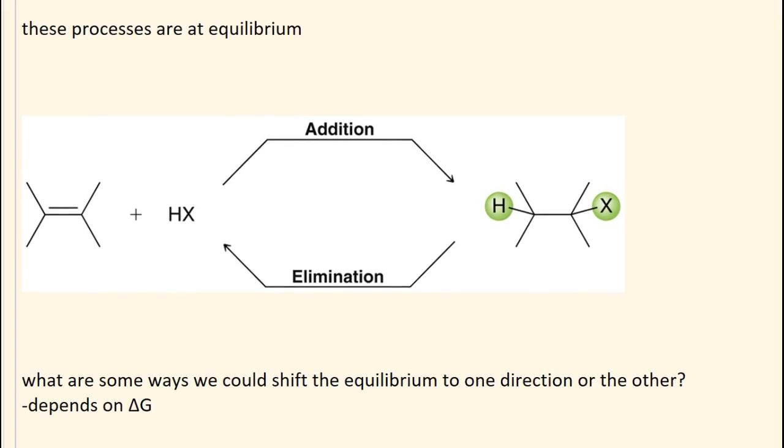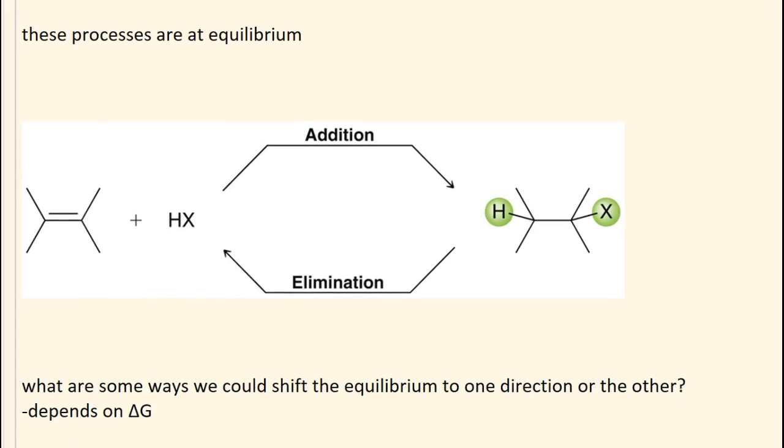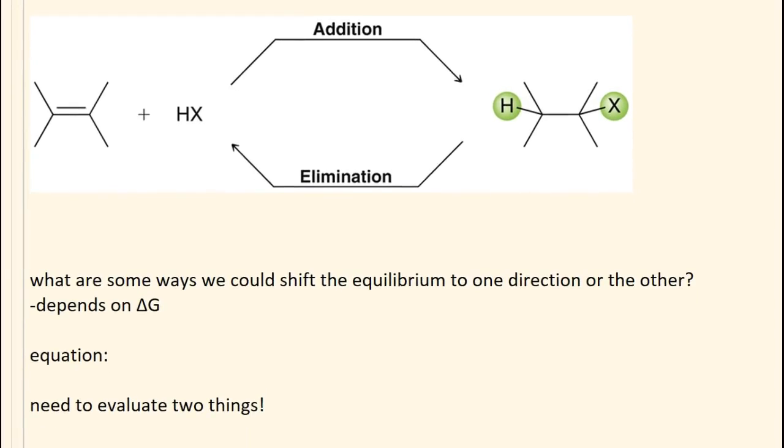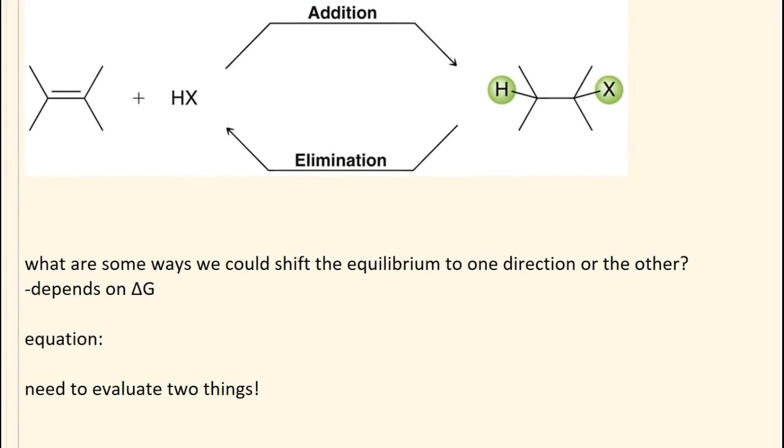We want to think about what are some ways we could shift the equilibrium to one direction or the other, depending on whether we want to get the alkene or the haloalkane, that is the addition product or the elimination product, and that depends on the delta G of the reaction. To evaluate delta G, we need to evaluate two things.